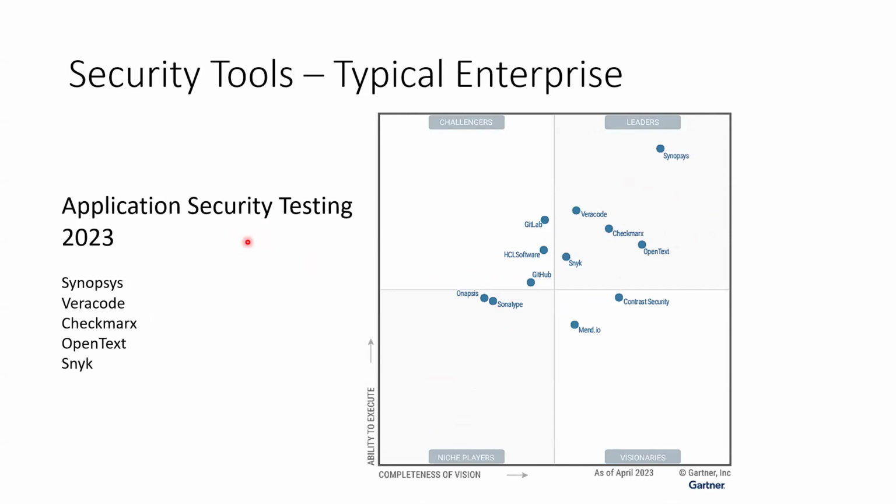We can identify these with the help of security testing, and the best tools for providing security testing are Synopsys, Veracode, Checkmarx, OpenText, and Snyk. So these are the possible vendors that will help you in providing security testing.